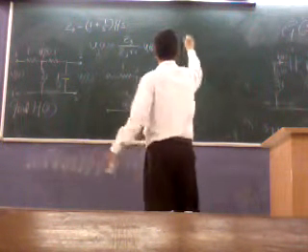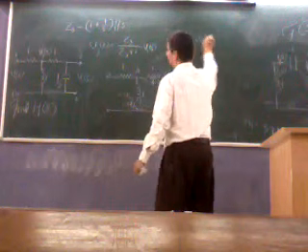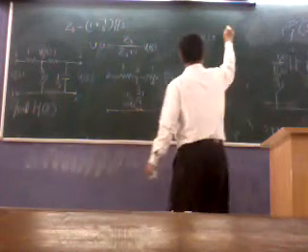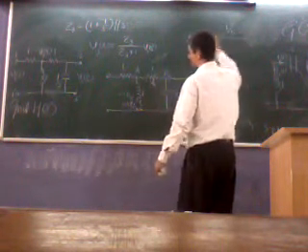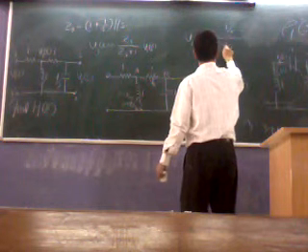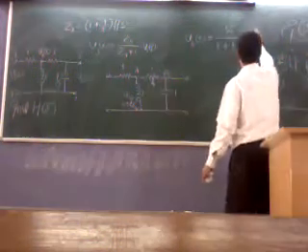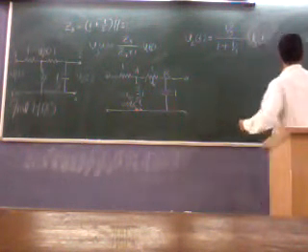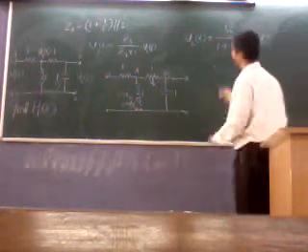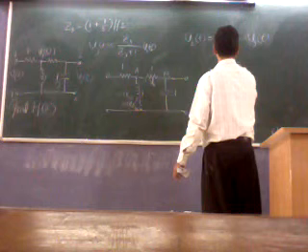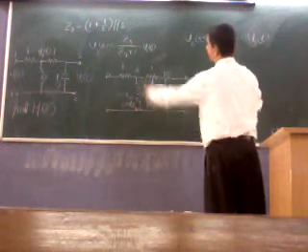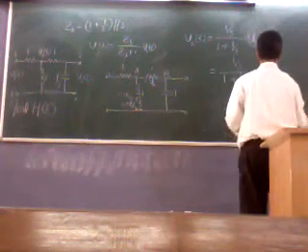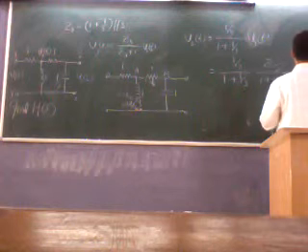V2(t) is 1 upon s upon 1 plus 1 upon s into Z3 upon 1 plus Z3 into V1(s). So V1(t).